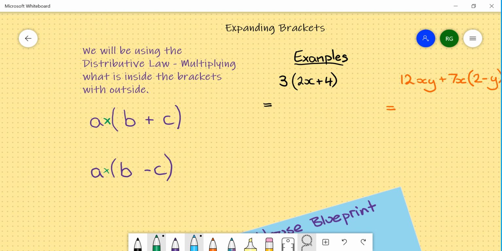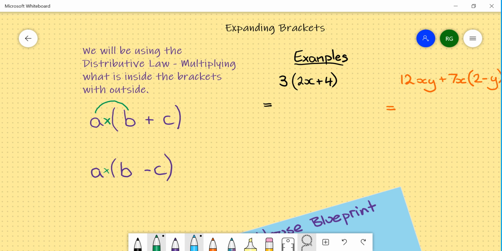In order to do that, there's a couple of little tricks that you can use to make sure that you don't miss any of the steps. What I like to do is multiply and draw loops.